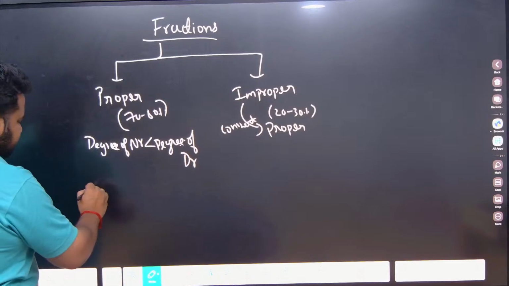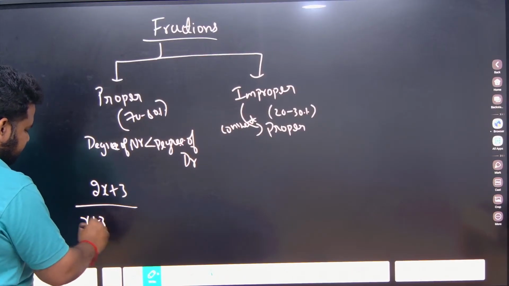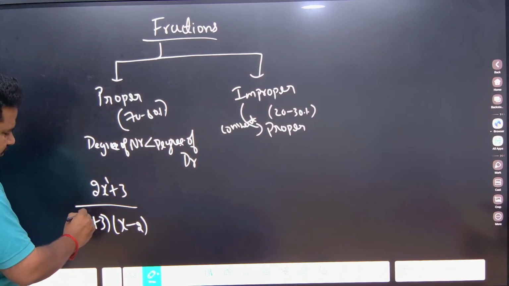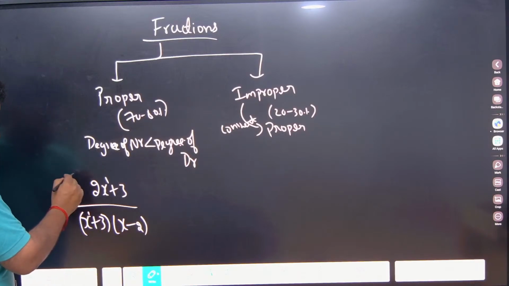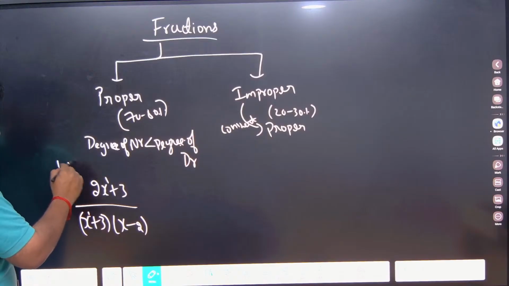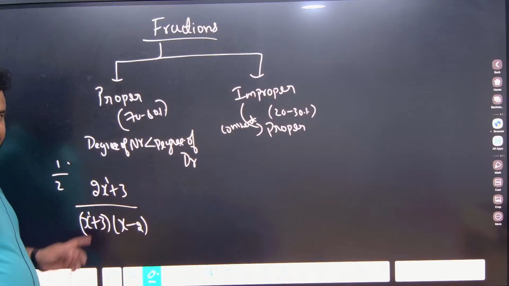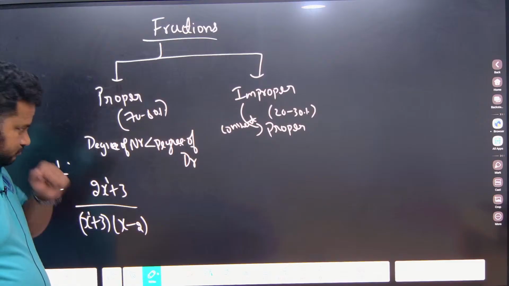For example, 2x plus 3 divided by (x plus 3) into (x minus 2). Here the degree of the numerator is 1. In the denominator, x into x becomes x square, so the degree is 2. The degree of the numerator is 1 and the degree of the denominator is 2, so this is a proper fraction, since 1 is less than 2.